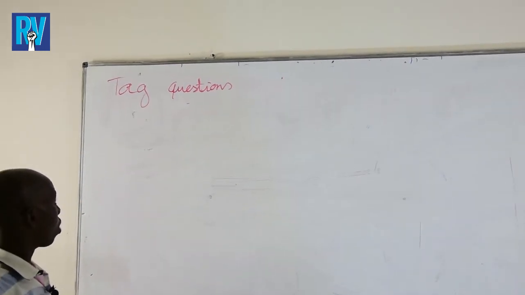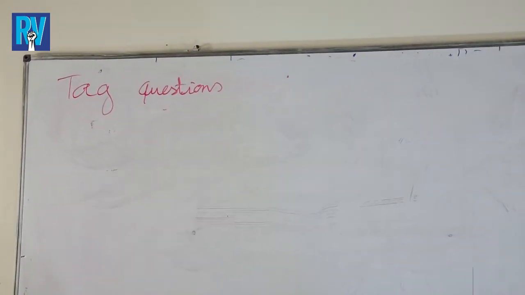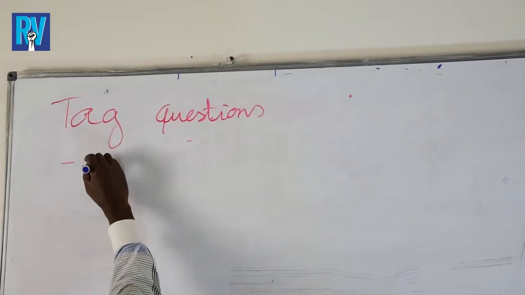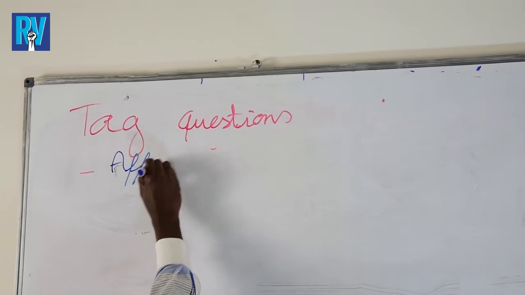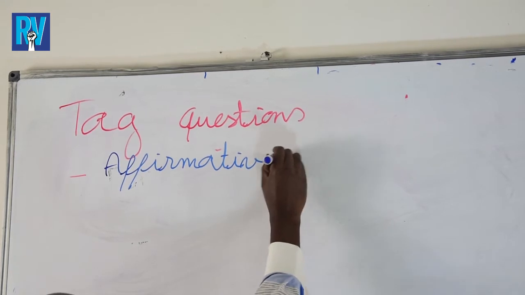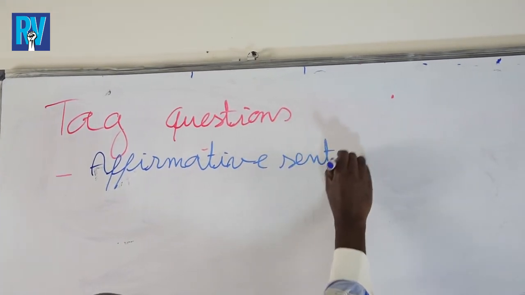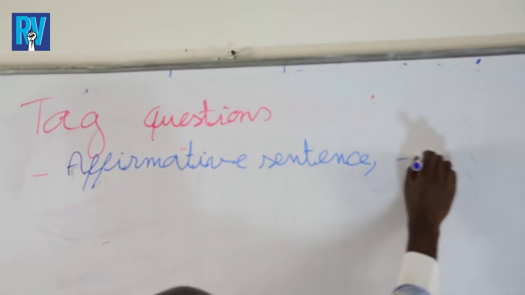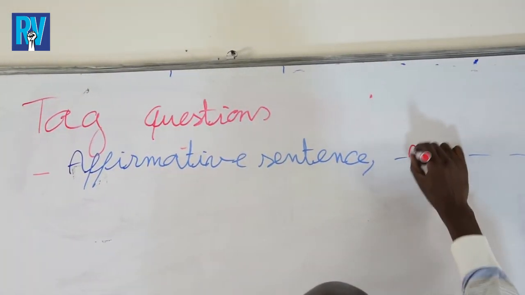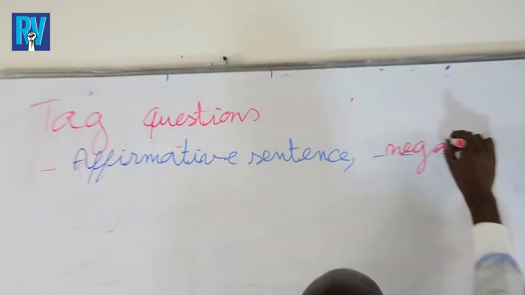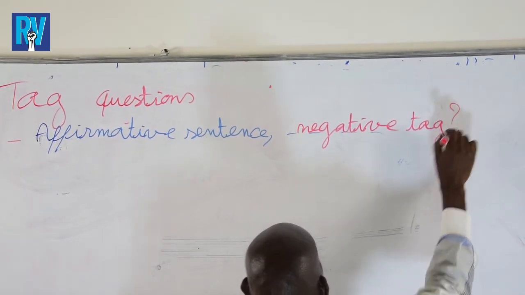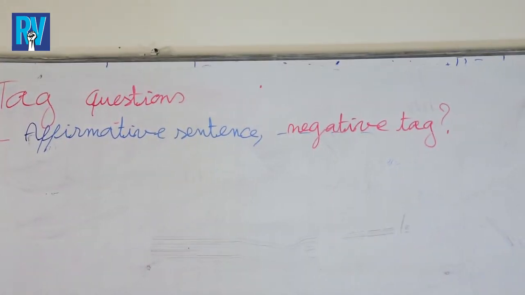Okay, for that question, whenever you have an affirmative sentence, you will have a negative tag. When you have an affirmative sentence, you will have a negative tag.